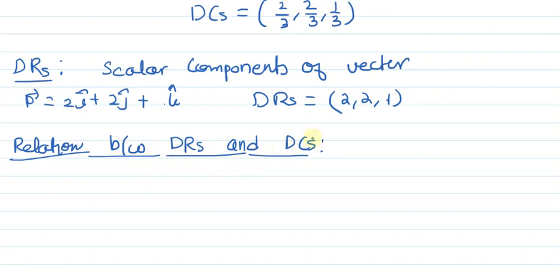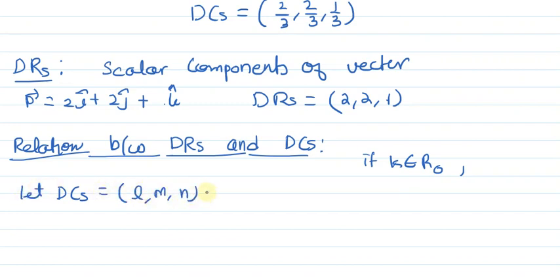So if k is any real number that is not equal to 0, any real number, then let the DCs be LMN. The LMN are the reserved letters for DCs, and let the DRs be ABC.